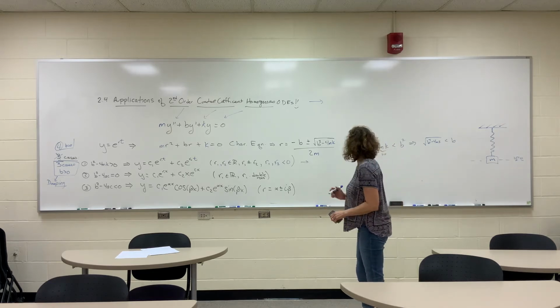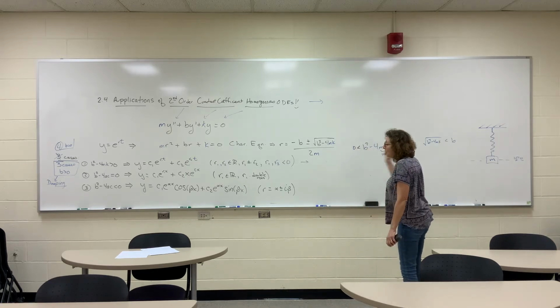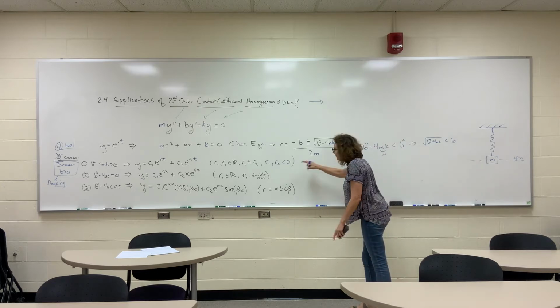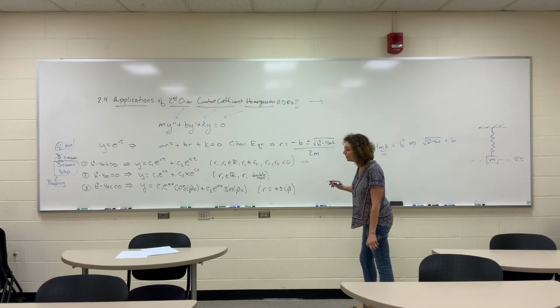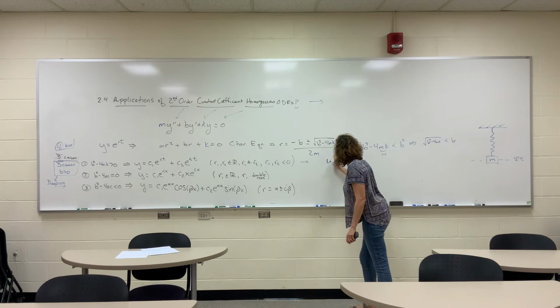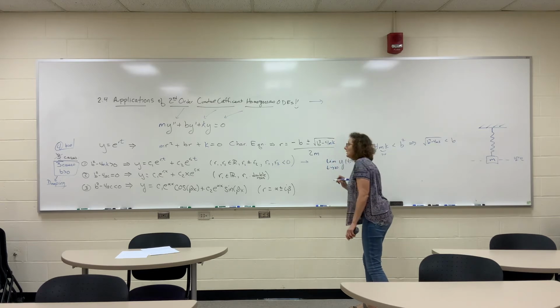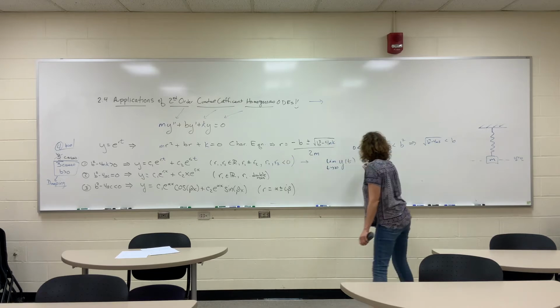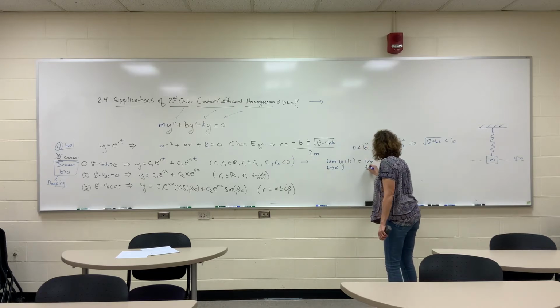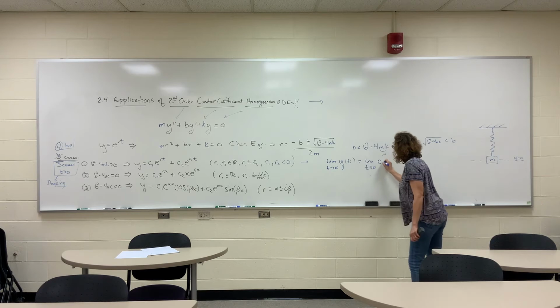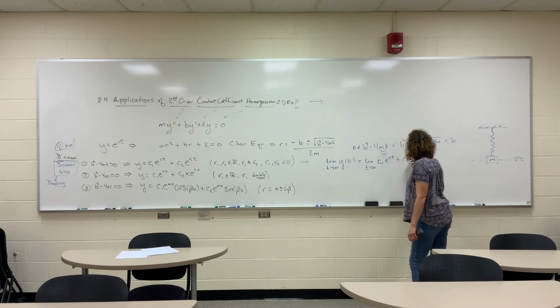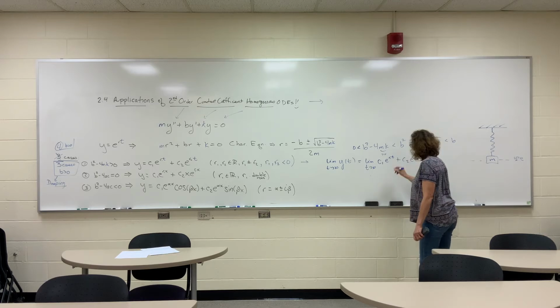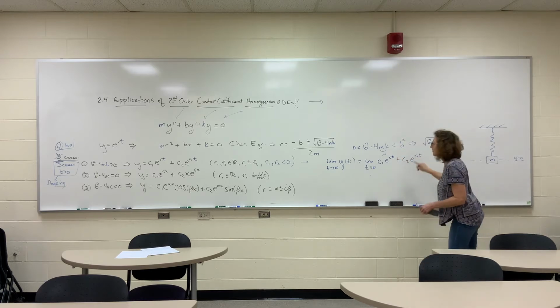Let's take the limit as t goes to infinity of y of t, which is some constant e to the r1 t plus some other constant e to the r2 t, where both r1 and r2 are negative.